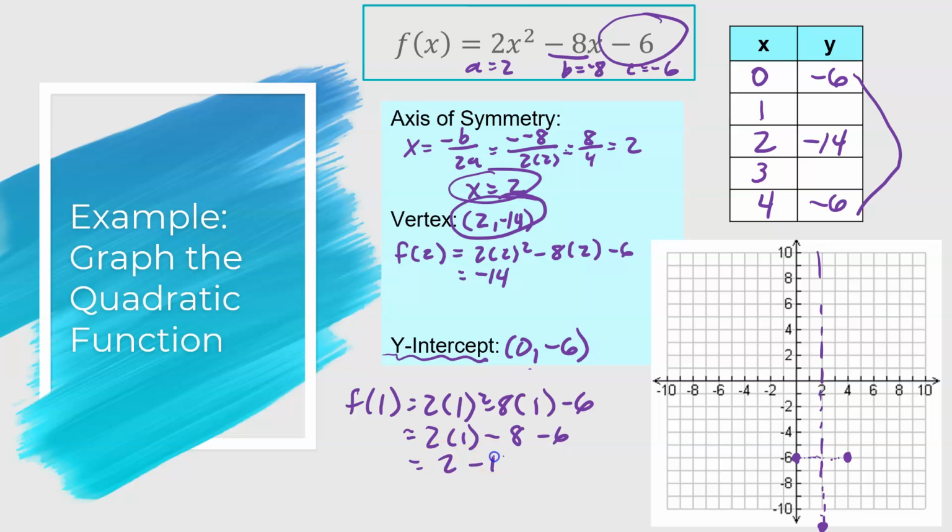So I get 2 minus 14, which is negative 12. So the point (1, -12) is on my graph. (1, -12) would be down here, which means that (3, -12) is also on my graph. Again, you could plug it in again, but that would be a waste of time if you don't need to.